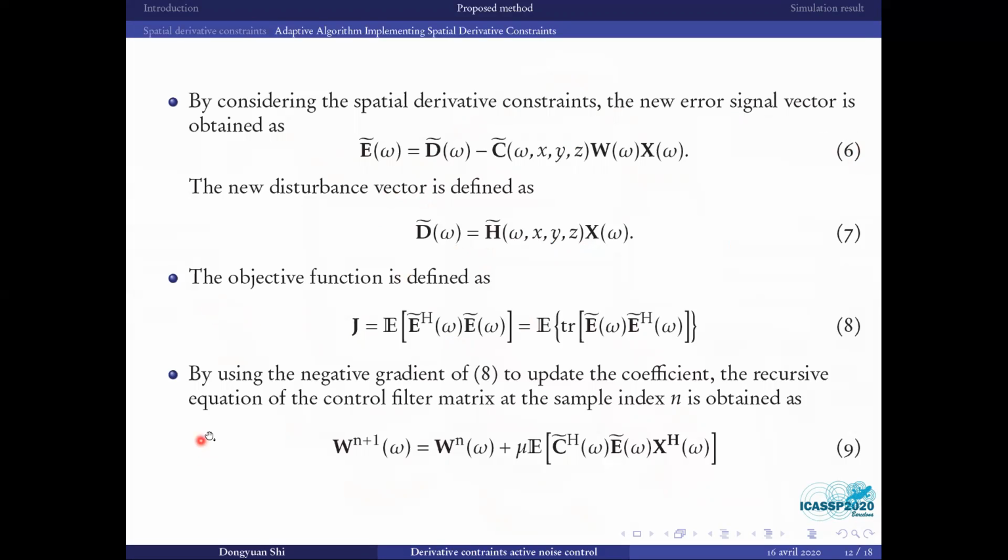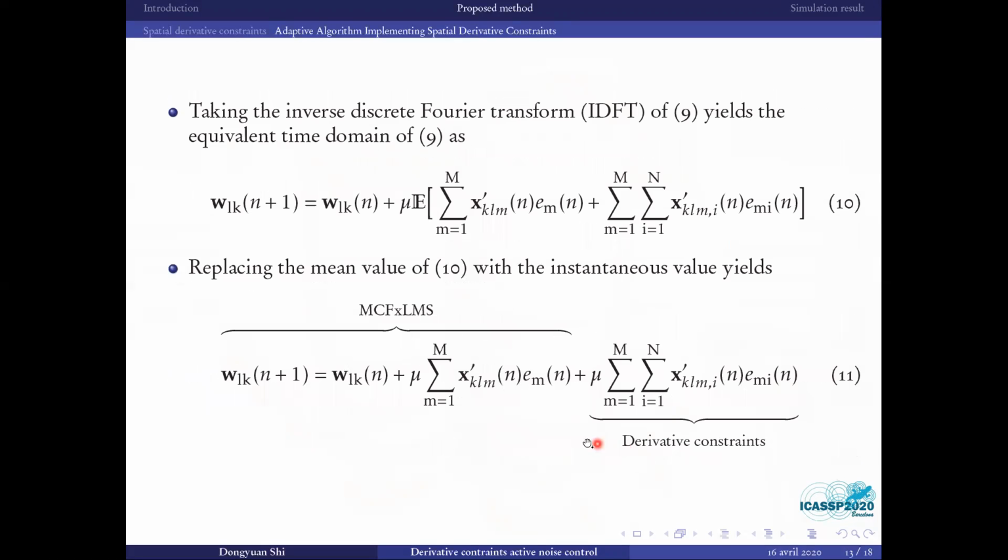By using the negative gradient of equation 8 to update the coefficient, the recursive equation of the control filter at the sample index n is obtained in equation 9. By taking the inverse FFT of this equation, we can gain its equivalent time domain expression, as shown in equation 10.